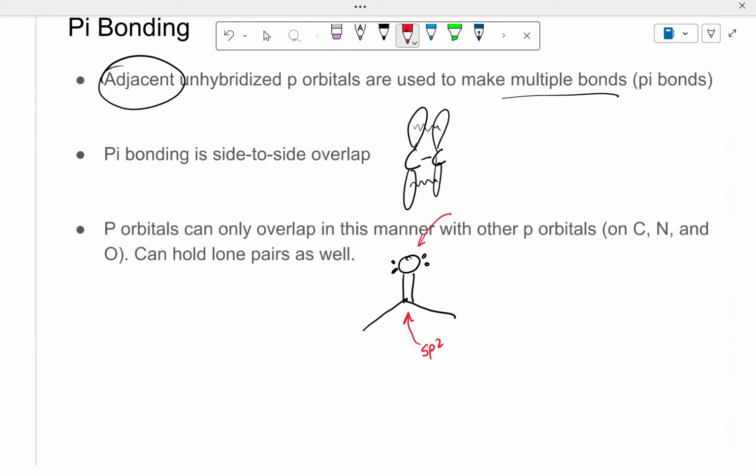And this oxygen is sp2 hybridized. How do I know that? Well, it's got three regions of electron density, two lone pairs and a double bond. That's three regions of density. And now let's focus a little bit on what makes up that double bond. What I'm going to do is turn this to the side a little bit.